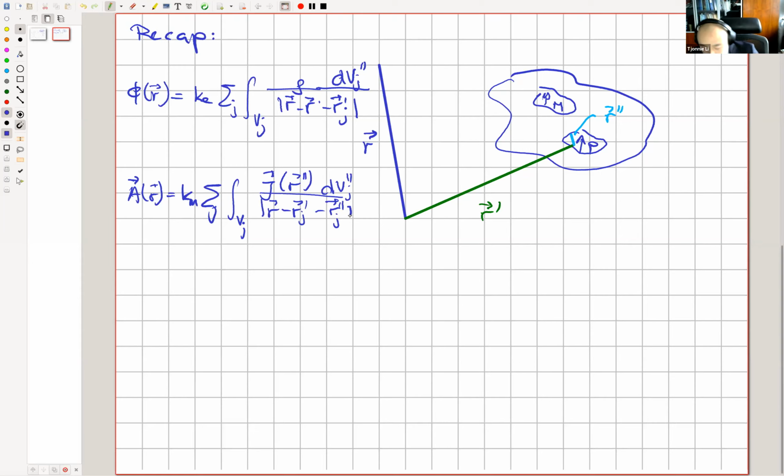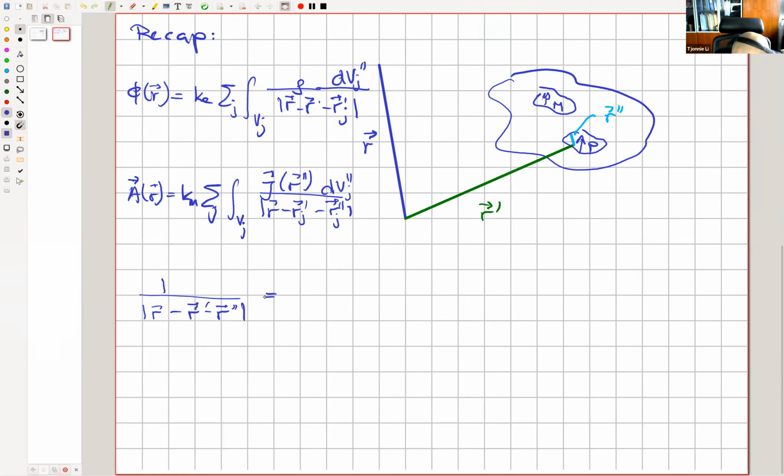Okay, and so again, like we did before, when we want to evaluate the leading order contributions, we end up doing a multipole expansion, where in this case, because we have three different scales, we first start off with evaluating this r minus r prime minus r double prime.